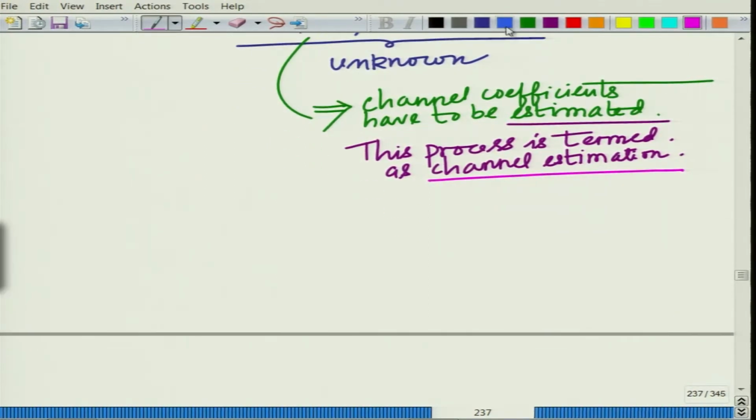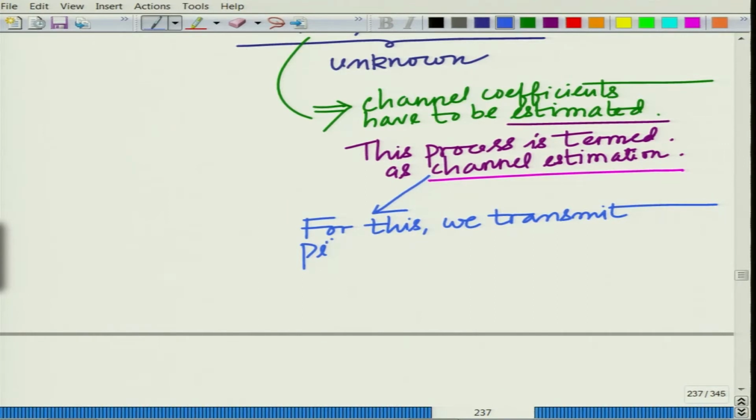And for channel estimation, we transmit pilot symbols.